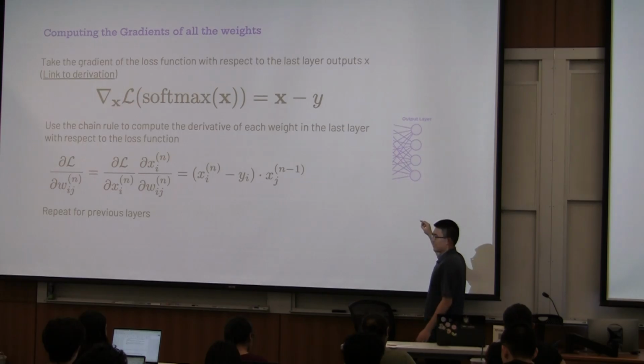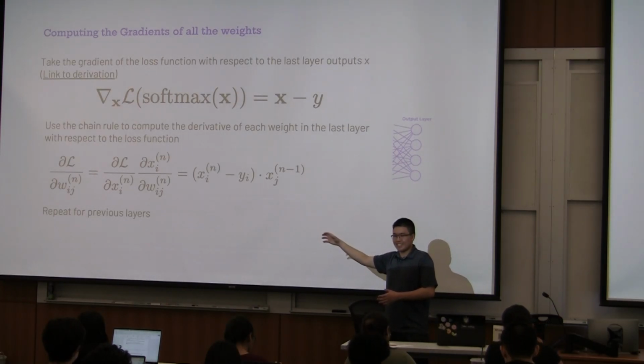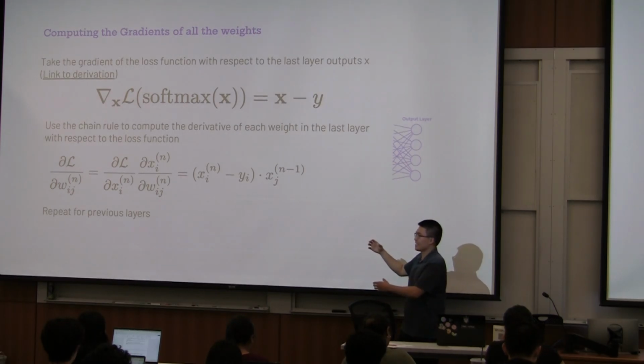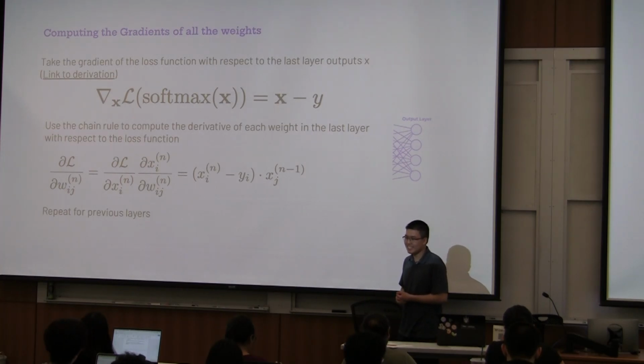That was how much we multiply the weight by the output of the previous layer. So the derivative with respect to the weight would just be the value in the output of the previous layer. Does that make sense?